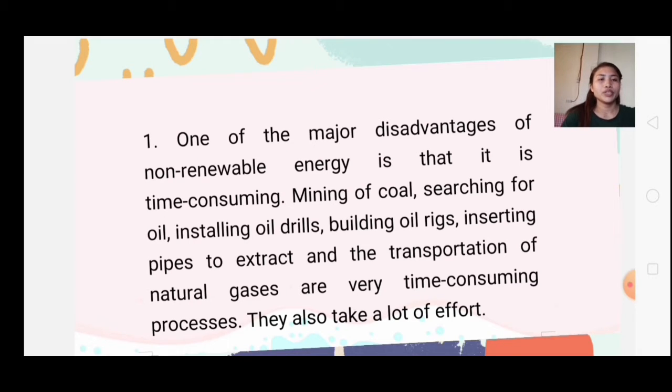One of the major disadvantages of non-renewable energy is that it is time-consuming. Mining of coal, searching for oil, installing oil drills, building oil rigs, inserting pipes to extract, and the transportation of natural gases are very time-consuming processes. They also take a lot of effort.